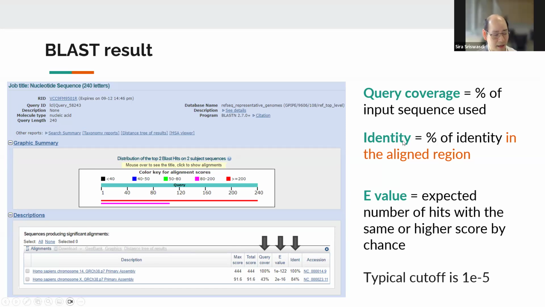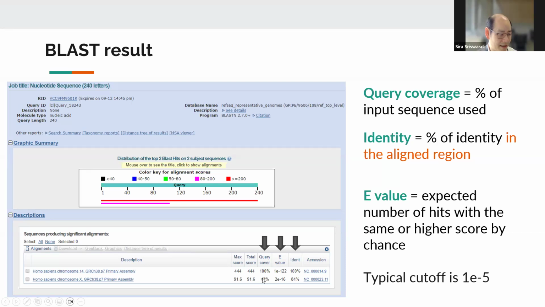The second component is the identity. For the region that matches, like 100% or 43%, how well does it match? How many mismatches? How many matches? So you can see that the first hit is 100% coverage and 100% identity. So this means that every nucleotide position matched to the genome. So basically you are copying part of the genome in your design.